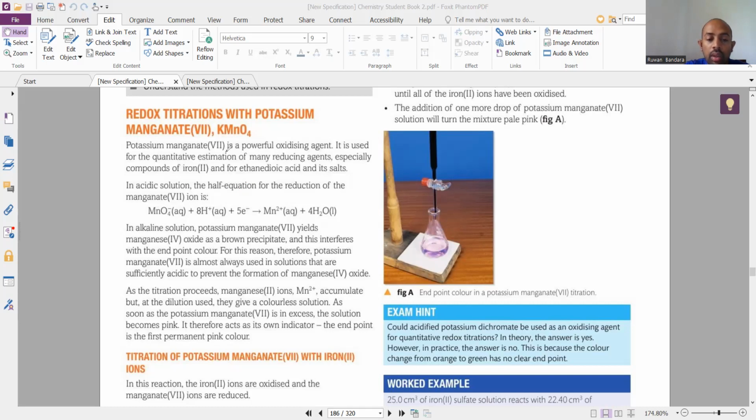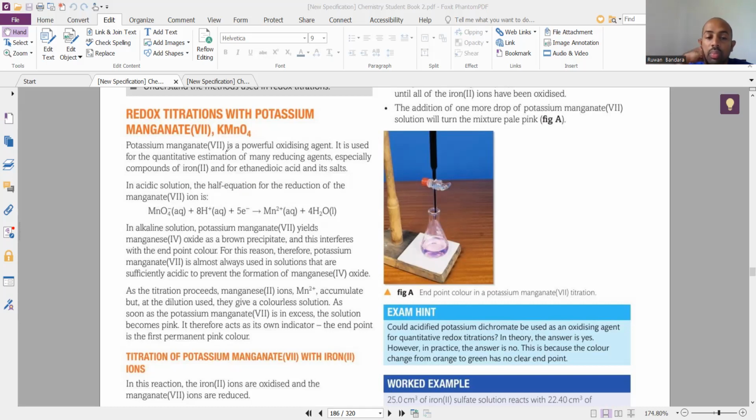Next point, write down. During the titration, Mn2+ accumulates. Mn2+ we usually call pale pink, right? But since we have a large amount and the dilution, it appears as colorless.